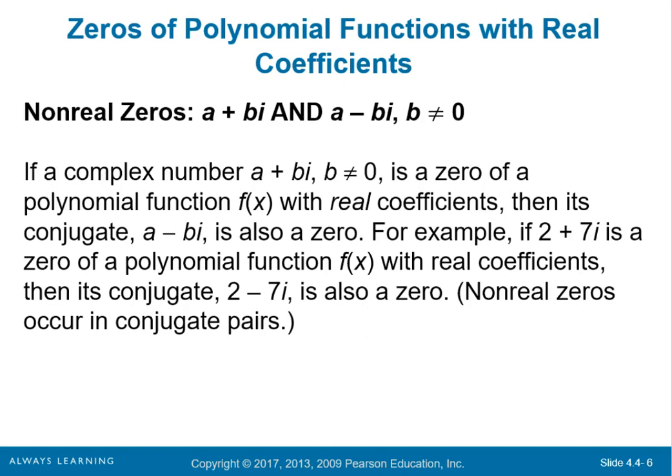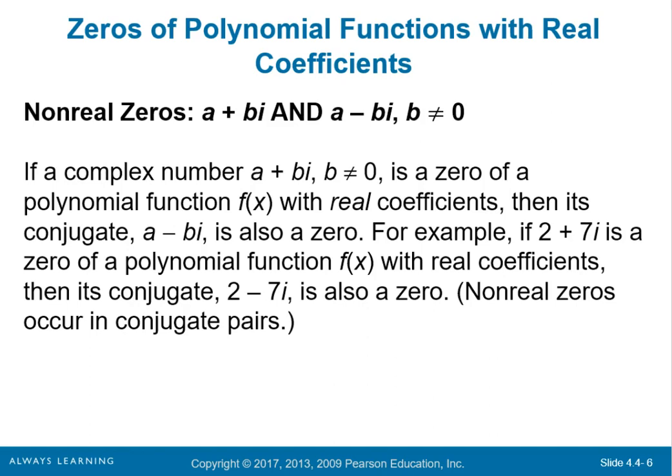In this example we have 2 plus 7i, which means there's no other option, we have to have a 2 minus 7i as a zero. All non-real zeros occur in conjugate pairs.